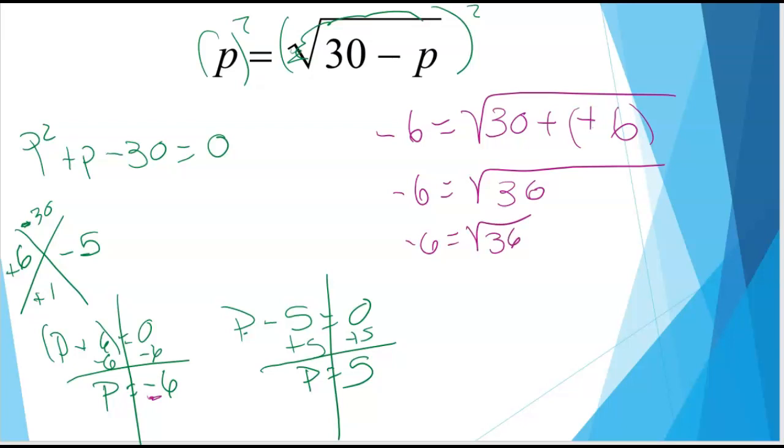Is that true? No, it's not true. The square root of 36 is positive 6. So this solution is extraneous, we call it. Extraneous. It doesn't work.